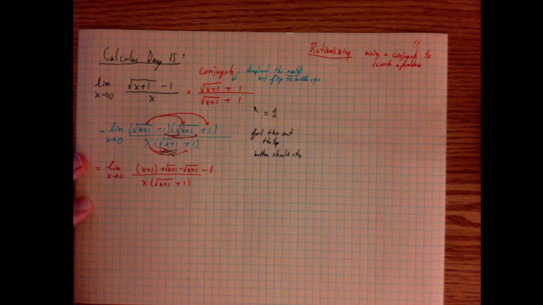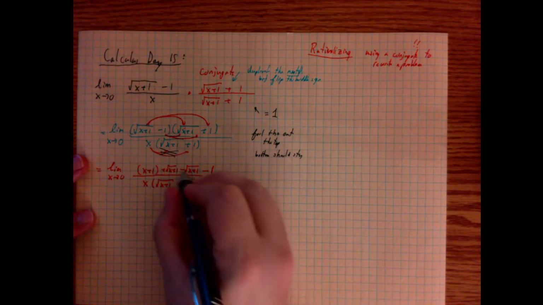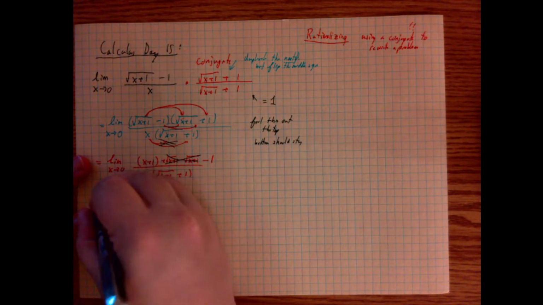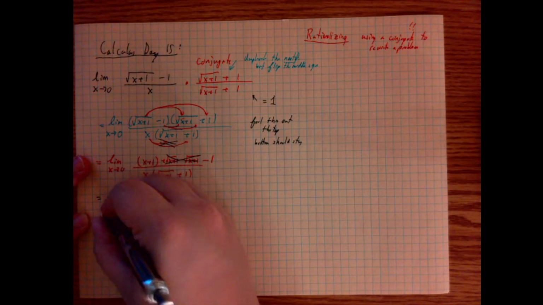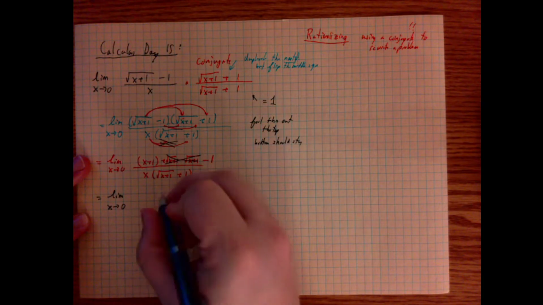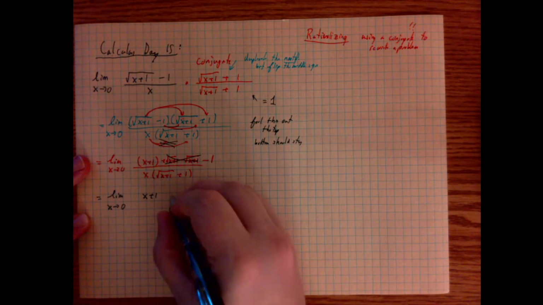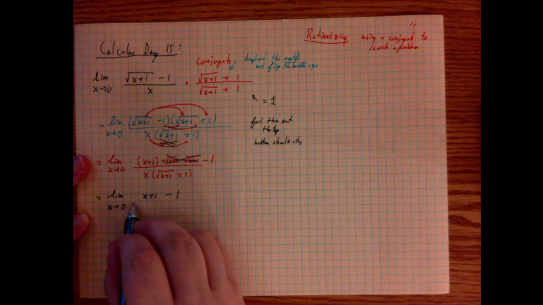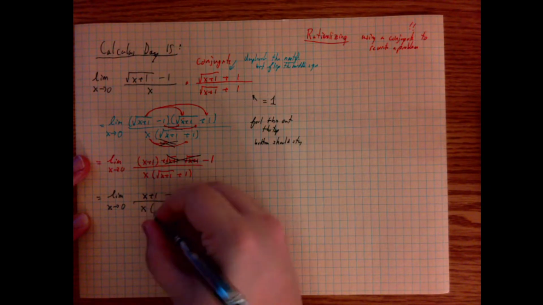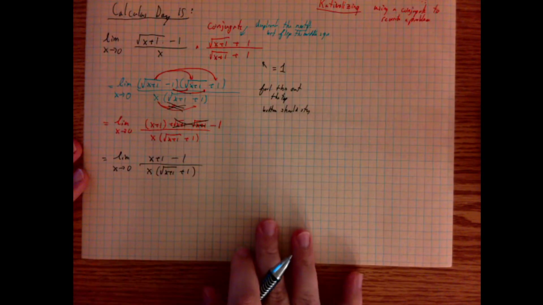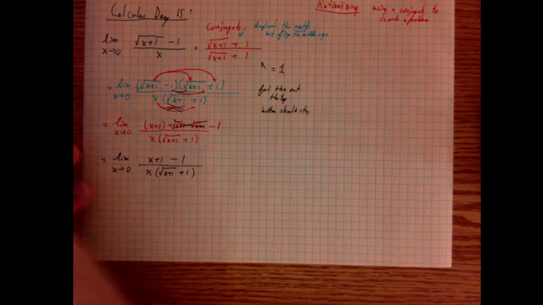You'll notice that on top, you end up with some pieces that are naturally going to cancel, leaving you with the limit as x approaches 0 of, on top you'd have x plus 1 from the first parentheses, minus 1 from the second, all over x times the square root of x plus 1 plus 1. Now you notice again on top some things are going to fix, right?